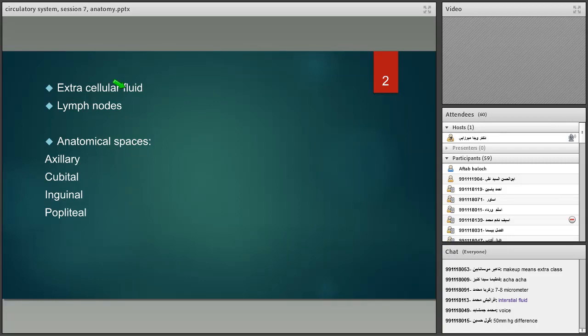Okay? So, because the blood pressure in the veins is not enough for carrying all the materials and all the waste products in the extracellular fluid, there would be need for other vessels to help the veins.